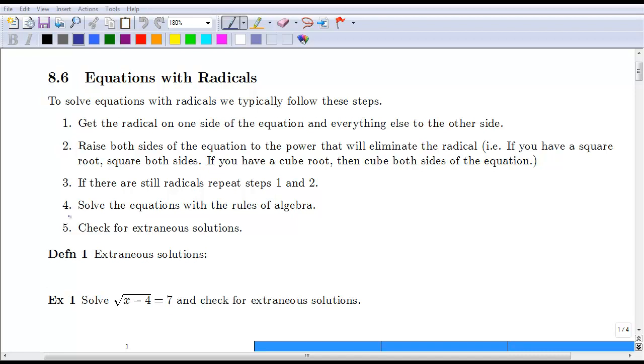This fifth step is something that's new, and it is that we need to check for what are called extraneous solutions.